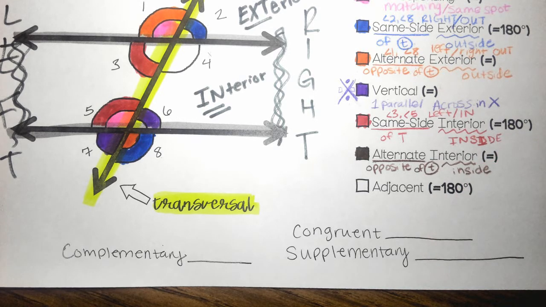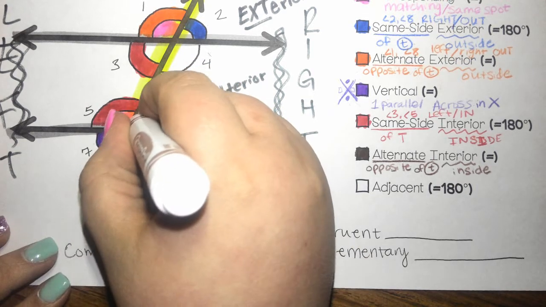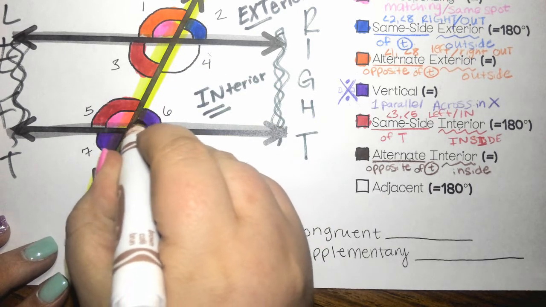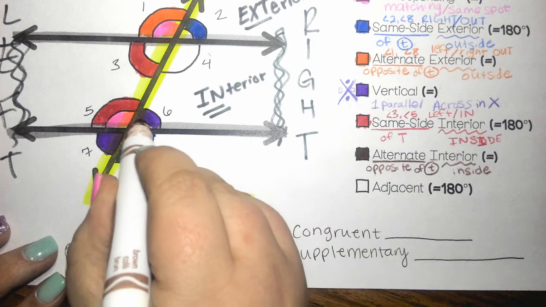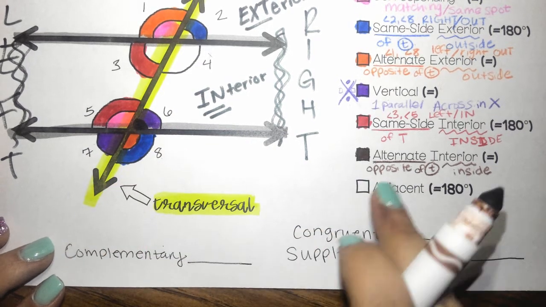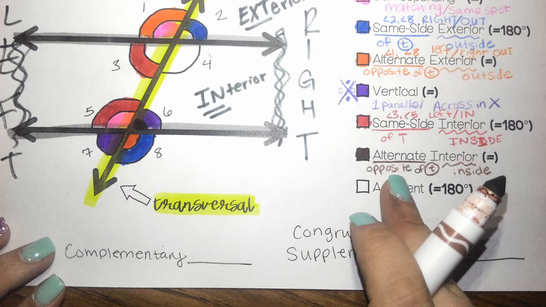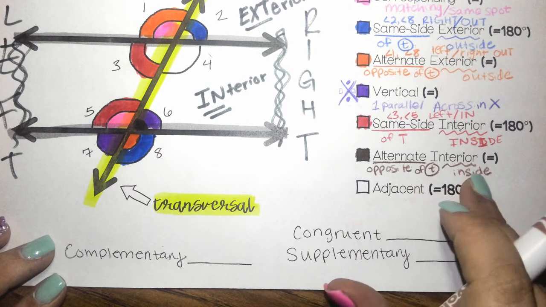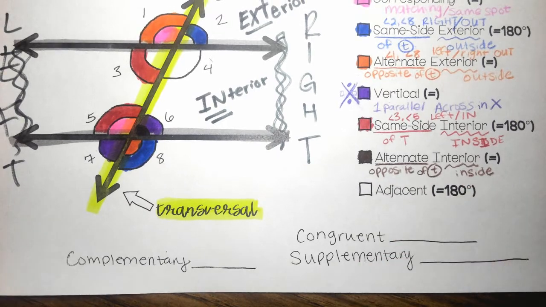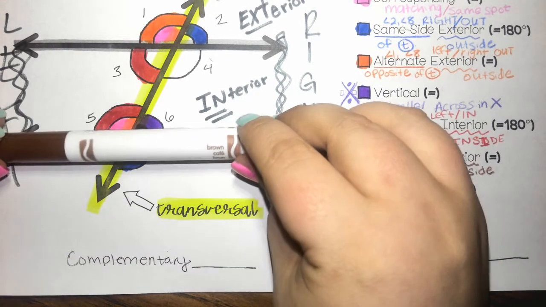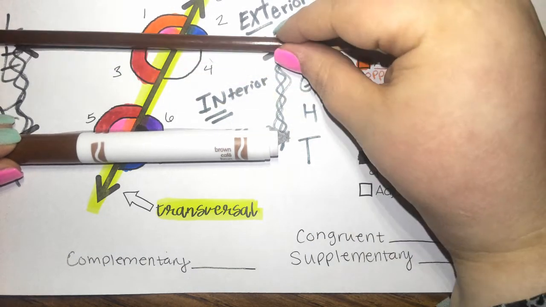Alright, so if we looked at angle 6. Let's look at angle 6. That's hard to see. So I'm looking at angle 6 right here. I need something that is opposite of angle 6, but on the inside of the box. So angle 6 comes from the bottom parallel line.